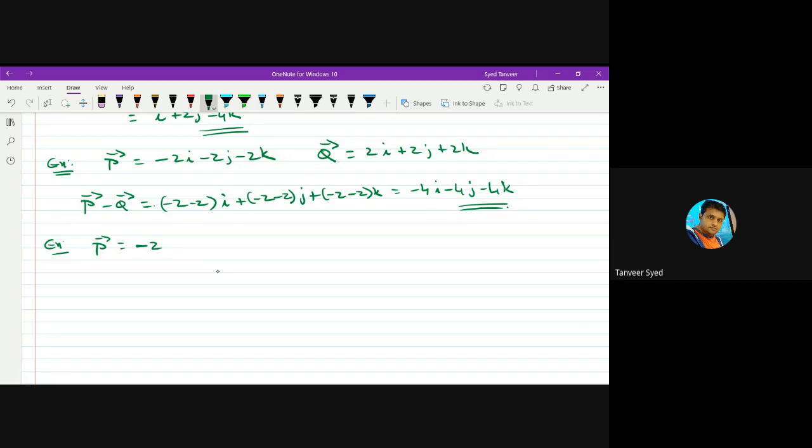Vector P is minus 4i plus 3j. Vector Q is 2i plus 4k.